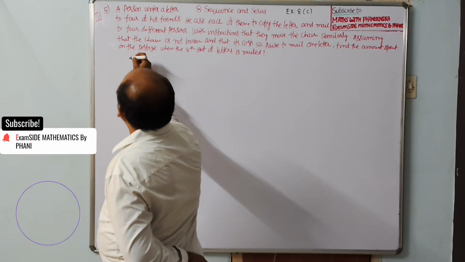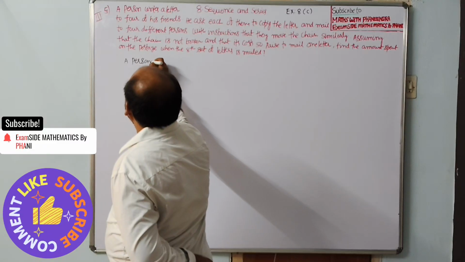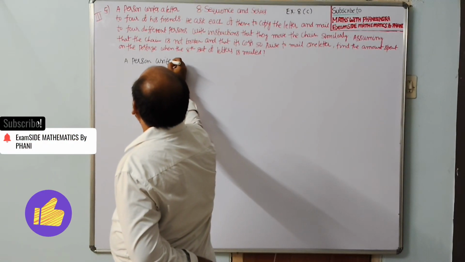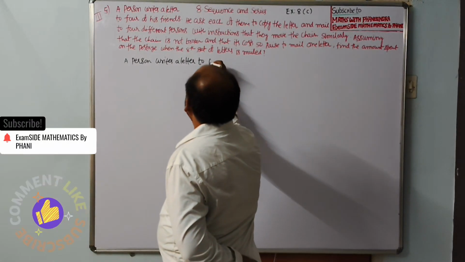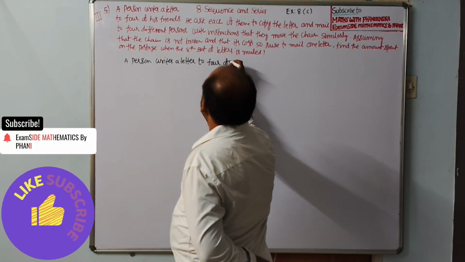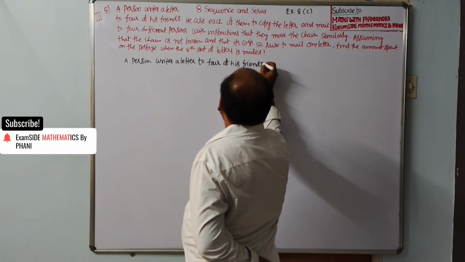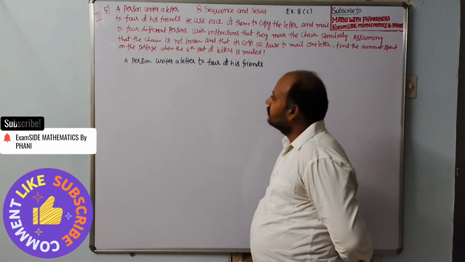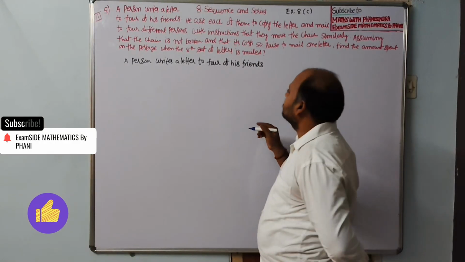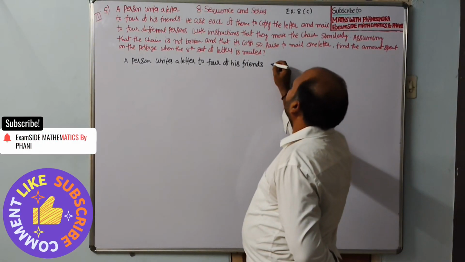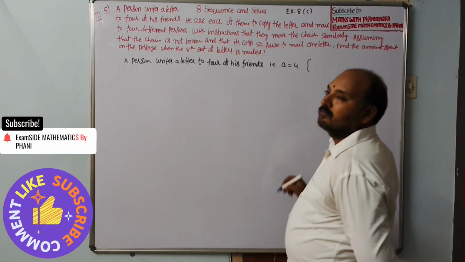A person writes a letter to 4 of his friends. That means A is equal to 4.